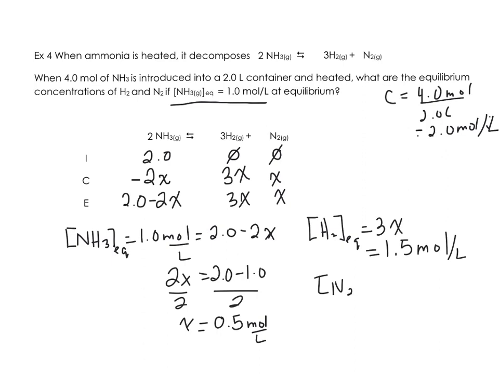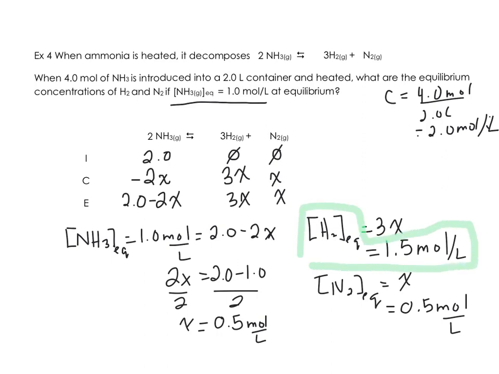Nitrogen at equilibrium is equal to x, so this is equal to 0.5 moles per liter. So we know the concentration of hydrogen at equilibrium, we know the concentration of nitrogen at equilibrium, and we know the concentration of ammonia at equilibrium.